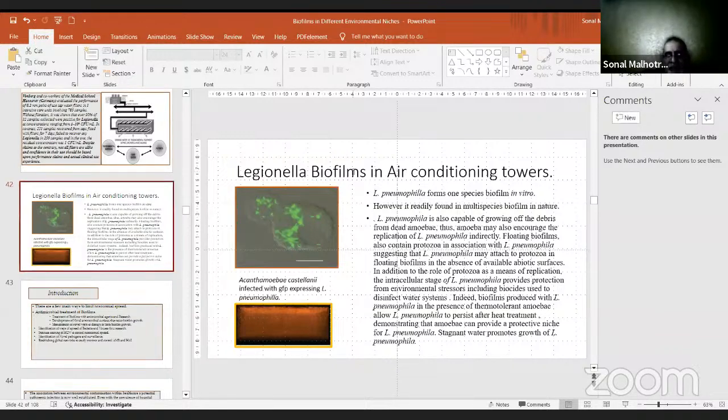So, Legionella biofilms. The interesting concept about Legionella is that it actually lives in association with amoeba and things like that, and is actually internalized by amoeba. So here you can see a species of amoeba that has ingested Legionella that is expressing green fluorescent protein.